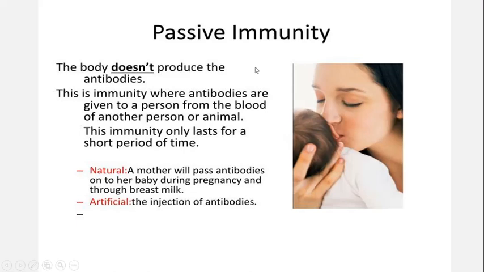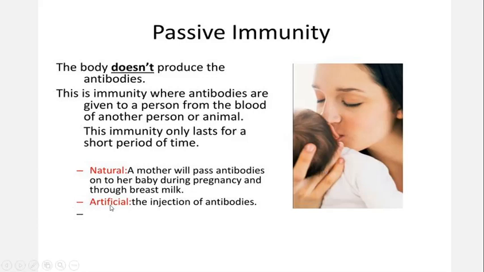The mother naturally passes the produced antibodies. The baby's body does not produce these antibodies, but the mother's body produces them and then passes them to the baby, so the baby gets this immunity.